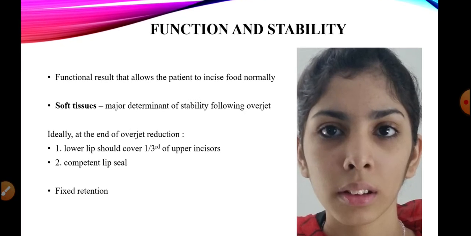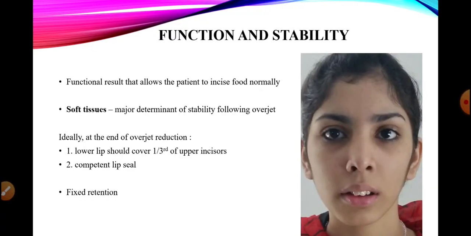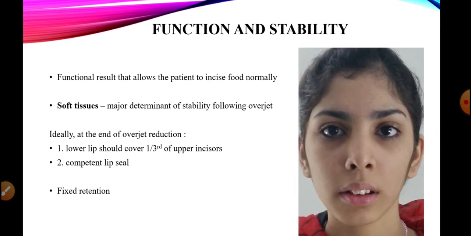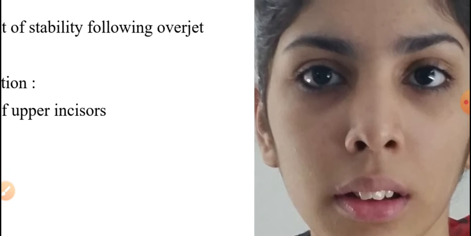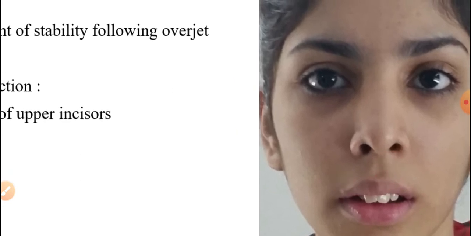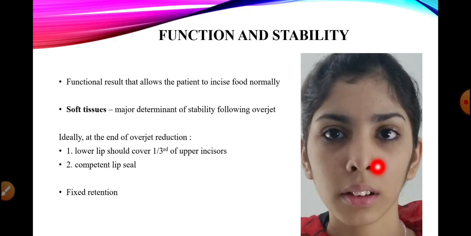As we can see in this picture, at rest the upper incisors should be under the control of the lower lip. But here, in the picture, we can see that the upper incisors are not under the control of the lower lip.